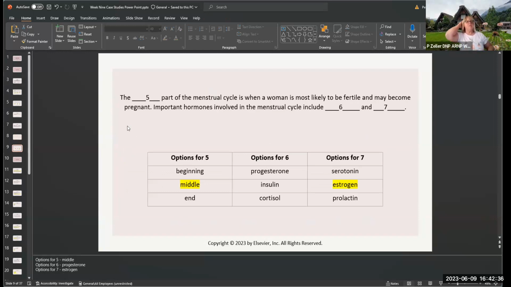So the middle part of the menstrual cycle, around day 14, is when a woman is most likely to be fertile, okay, and pregnant. Important hormones involved in the menstrual cycle include what? Progesterone and the estrogen. Yes.